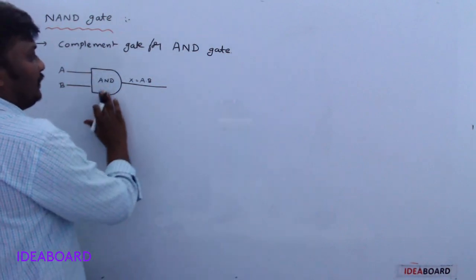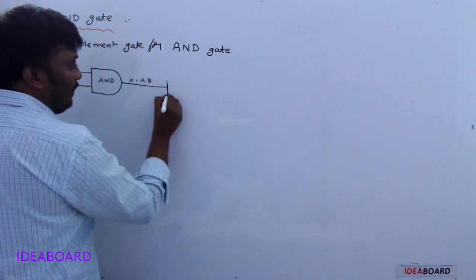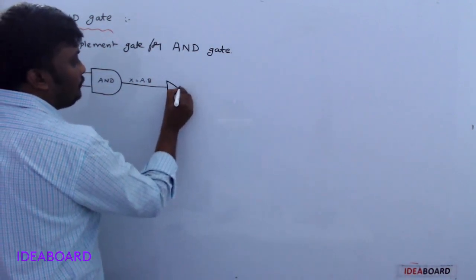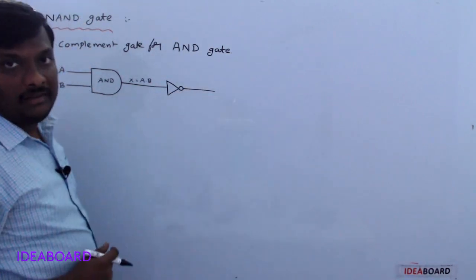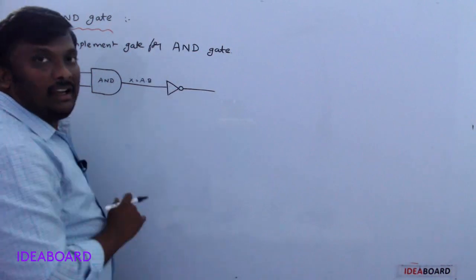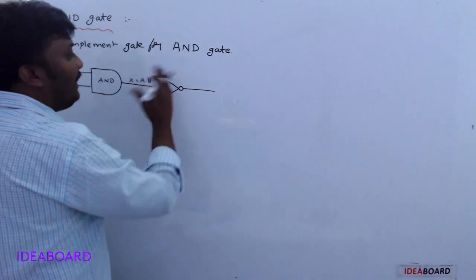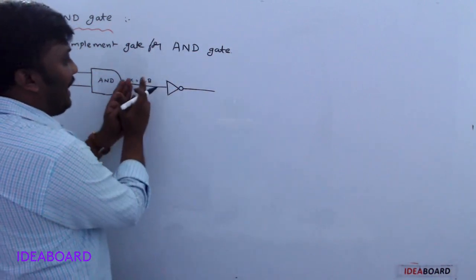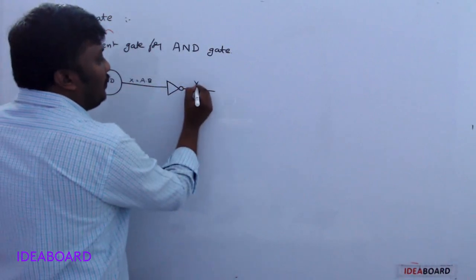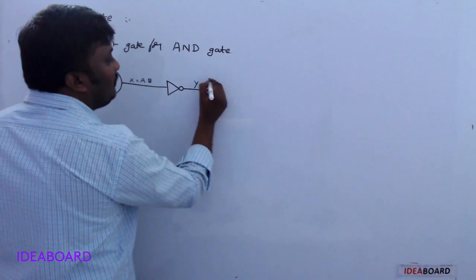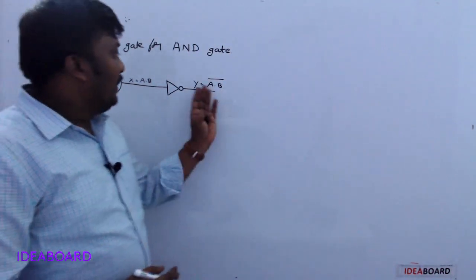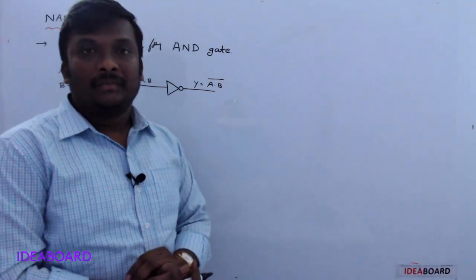Now the output of the AND gate is connected as input of the NOT gate, and the NOT gate always makes the complement of the input. So the input you gave is A dot B, so the NOT gate makes the complement of that, A dot B complement.